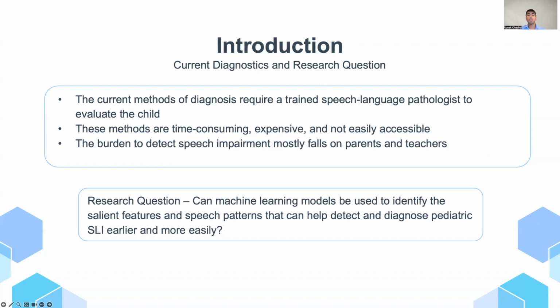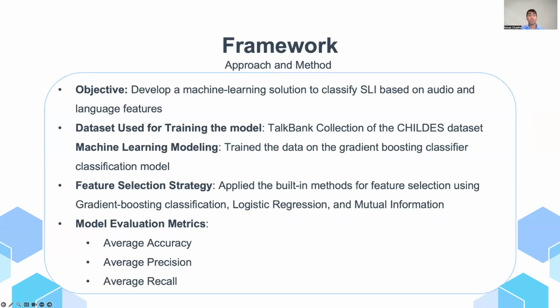Now, this leads into my research question. Can machine learning models be used to identify the salient features and speech patterns that can help detect and diagnose SLI earlier and more easily? So, here's how I approach the problem. My primary objective was to develop a machine learning solution to classify specific language impairment based on audio and language features. To build a machine learning model, I first needed to identify a dataset I could use to train the model.